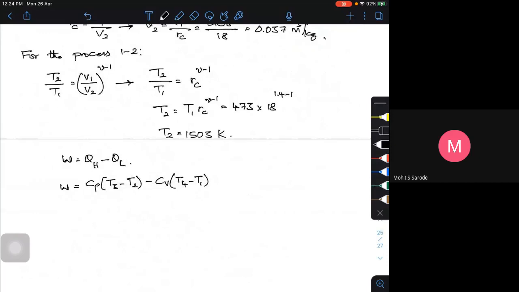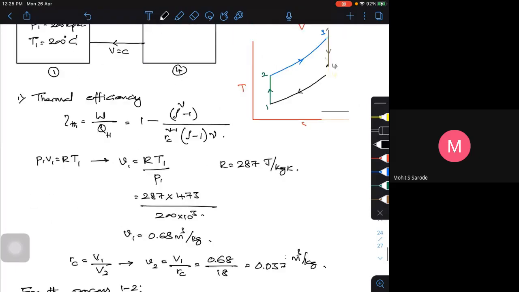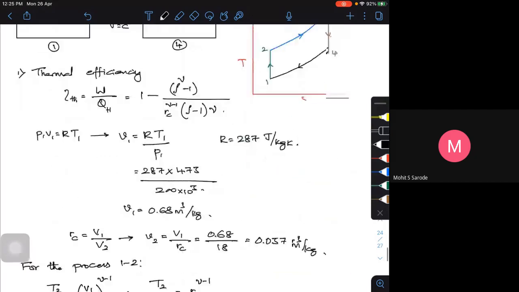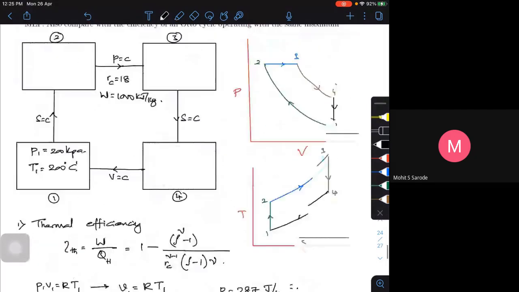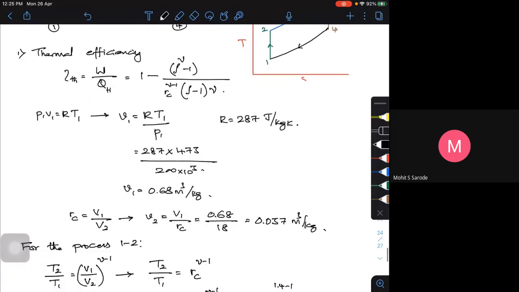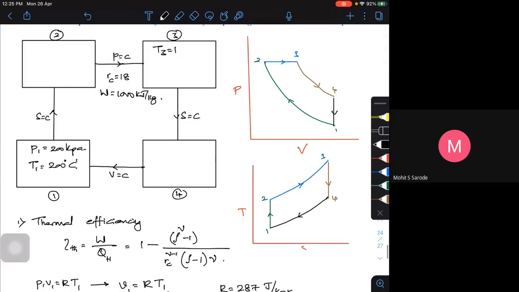If you look at it, I know the value of T1, and I know the value of T2. I need to find T3 actually. So now if you go back and see here, what type of process is between 2 and 3? I can find the value of P2. Here I have found the value of T2, which is 1503 Kelvin.